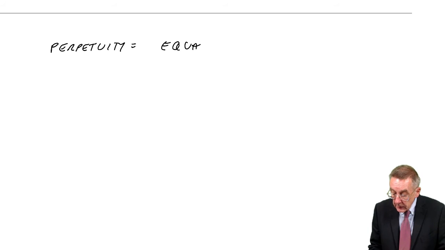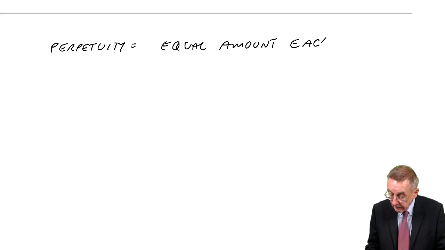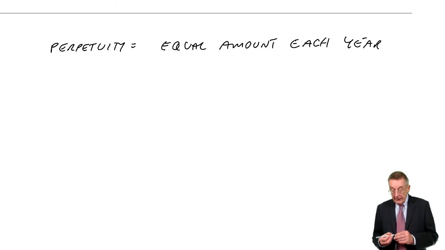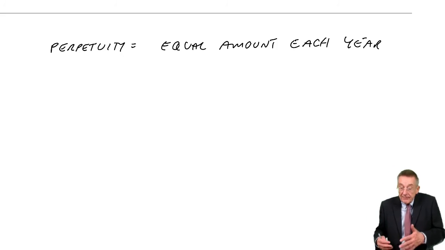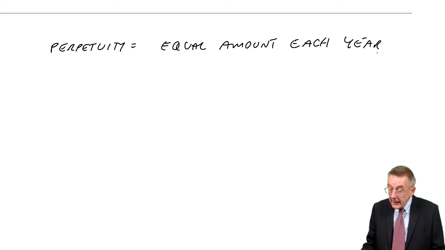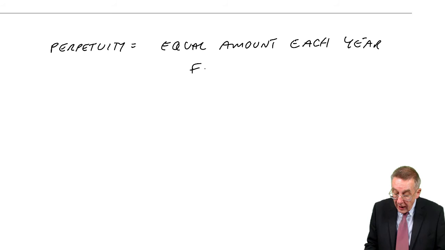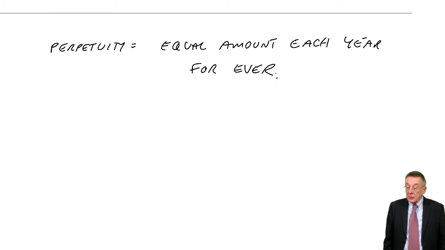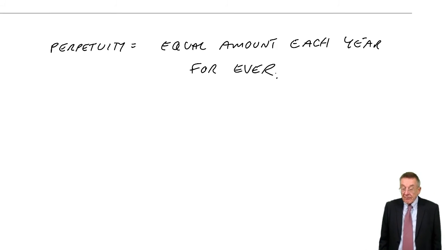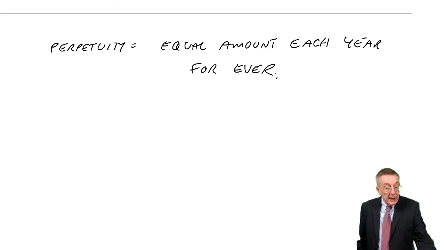It's an equal amount each year, so just like an annuity, except instead of being an equal amount each year for 10 years, for 5 years, for 15 years, it's an equal amount each year forever. Or for so long as it makes no difference. Well, how are we going to deal with it? Look at example 9.